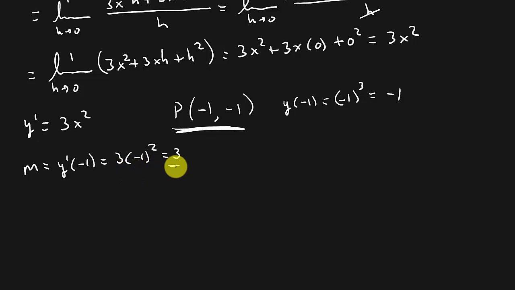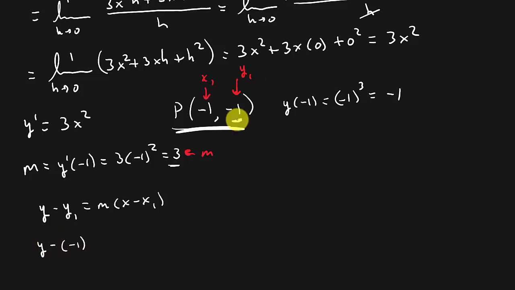So how do I find the equation of a line? Well, remember, y minus y1 equals m times x minus x1. All right? So look at this. Here is m. That's your slope. This is x1. This is y1. So now I have y minus -1. That's this -1.